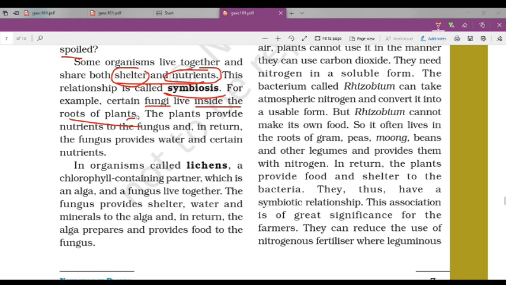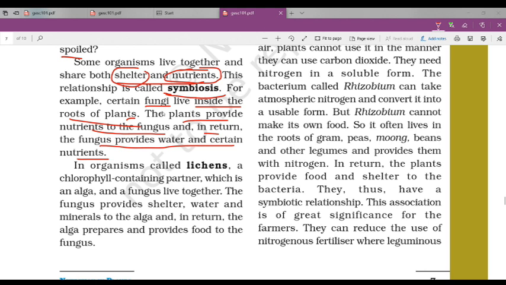Certain fungi are living inside the roots of plants. How are they helping the plants? The plant provides nutrients to the fungus, and in return the fungus provides water and certain nutrients.